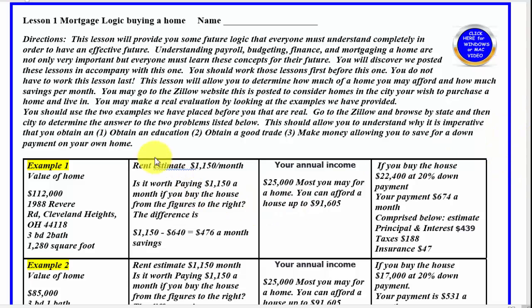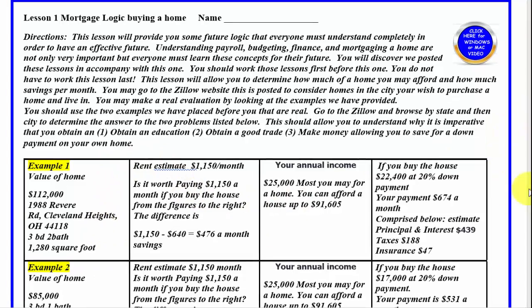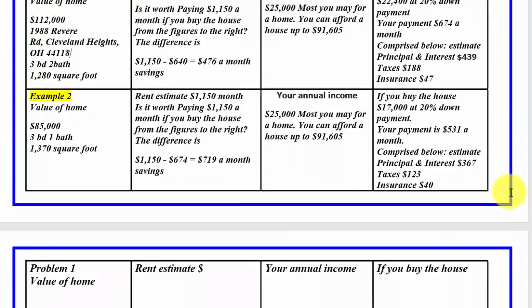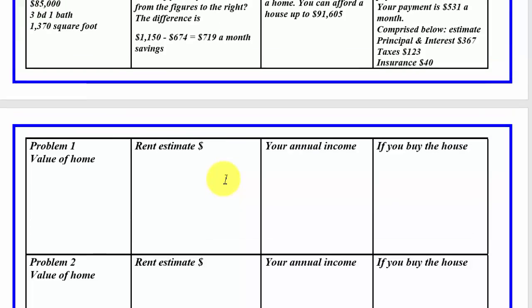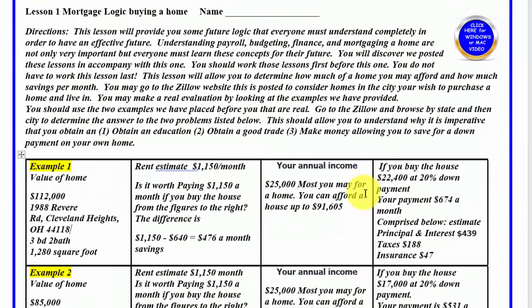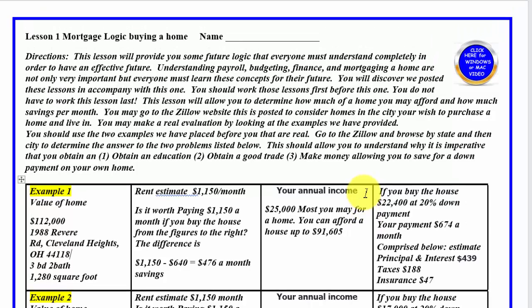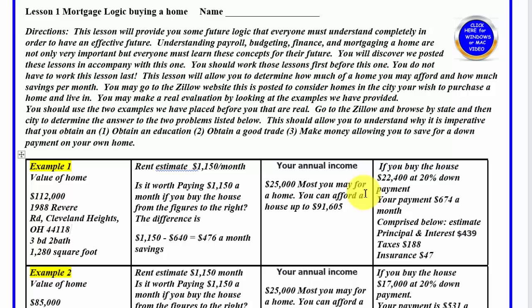You'll notice that we have example 1 and example 2. Then if we scroll down, we provided you a couple of problems that you must understand how to do to fill these out. All of this is real information. It's imperative that you know and understand these things.